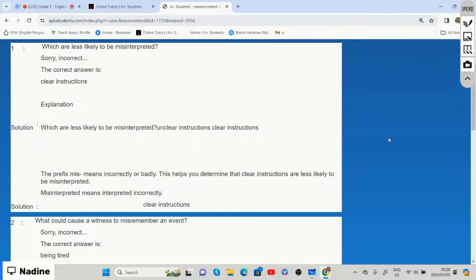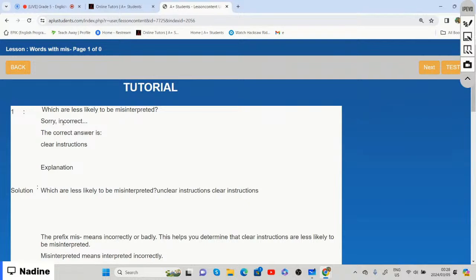All right. So it says which are less likely to be misinterpreted. So the word misinterpreted, right? It can also be unclear decisions or instructions that are being given, right?